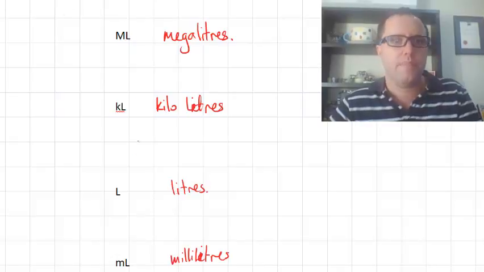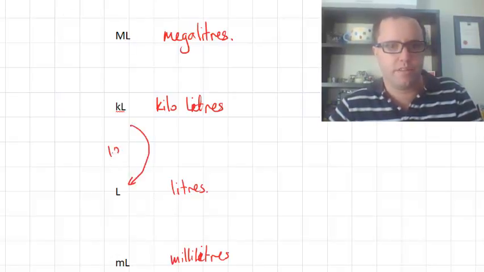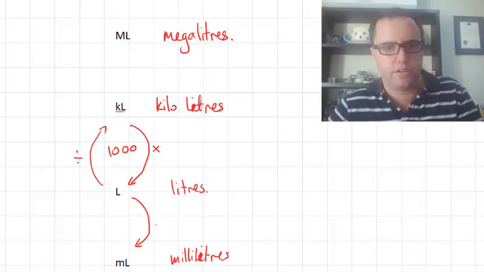Now you should be able to figure out the kiloliters to liters. That's by thousands. Times and divide. Our liters down to milliliters. That's also times 1,000 and divide by, going this way.